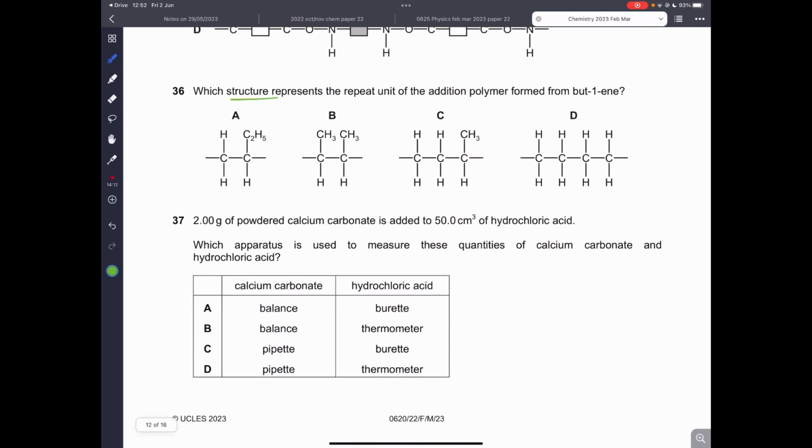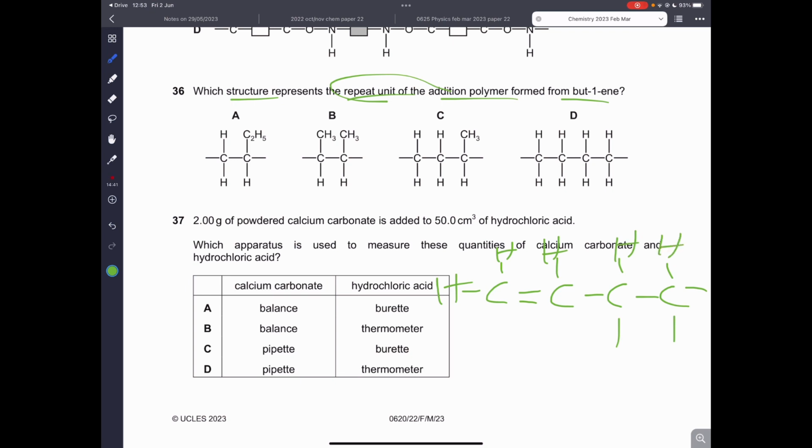Question 36. Which structures represent the repeat unit of the addition polymer from butene? Well, remember that butene, let's draw the structural formula of butene first. It's going to look like this. Let me just put the H for your convenience.